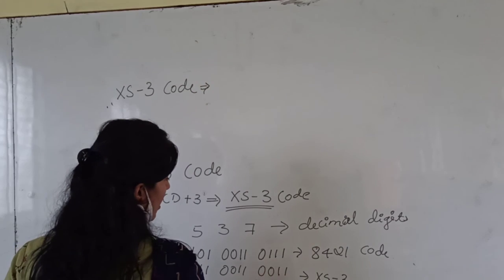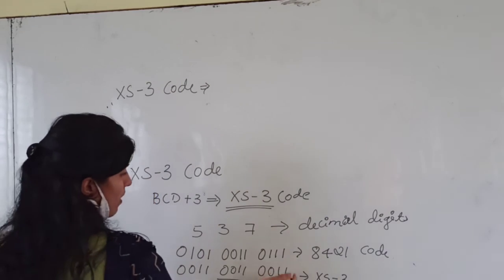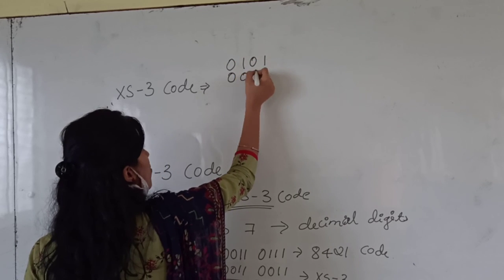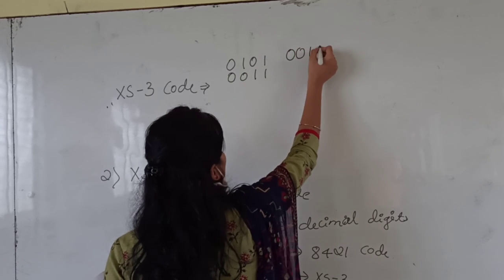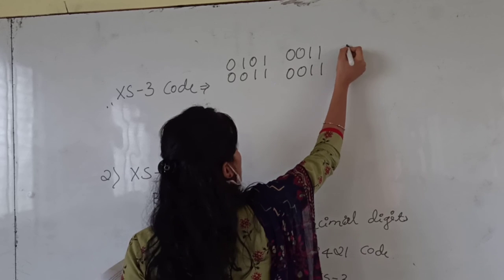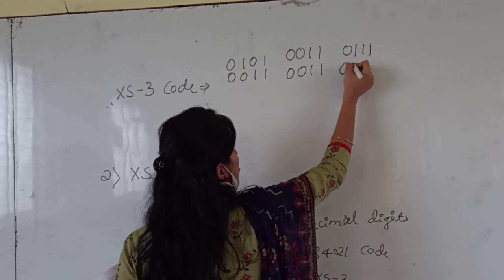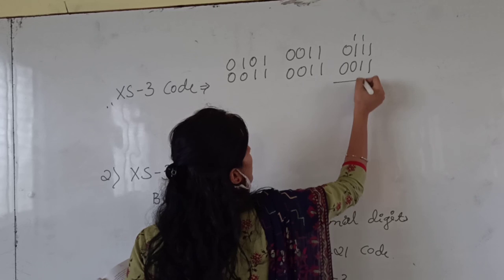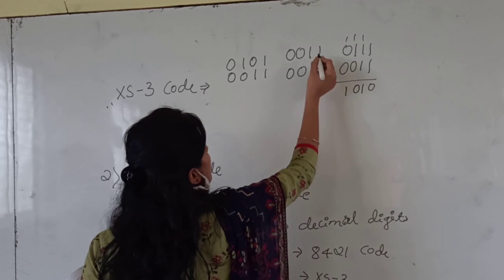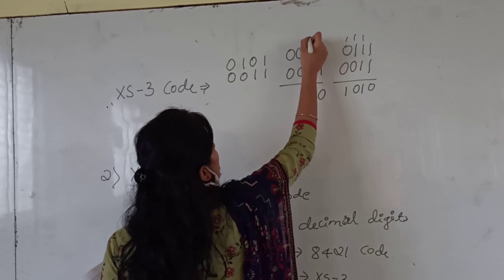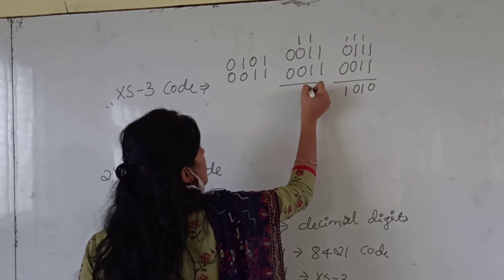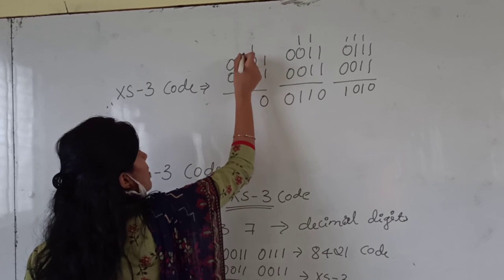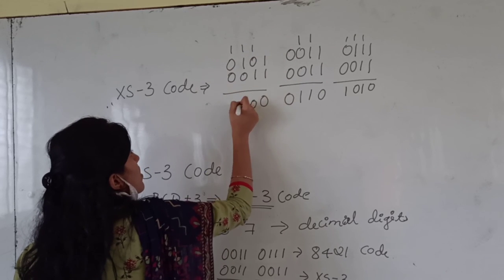After this, add these both, and we get the XS3 code: 0 1 0 0 0 1 0 0 1 1 0 0 1 0 1 1 1 0 0 1 ... with carries where 1 plus 1 becomes 1 0 and the carry is 1.